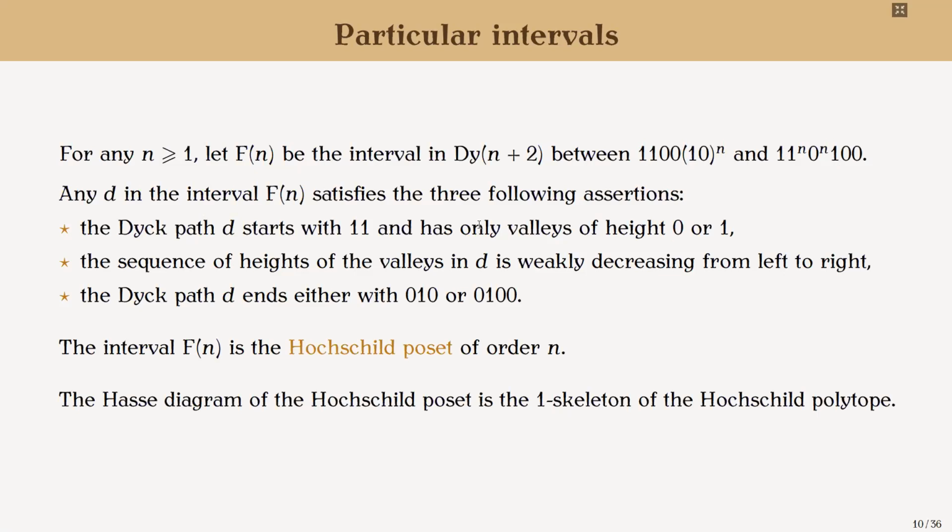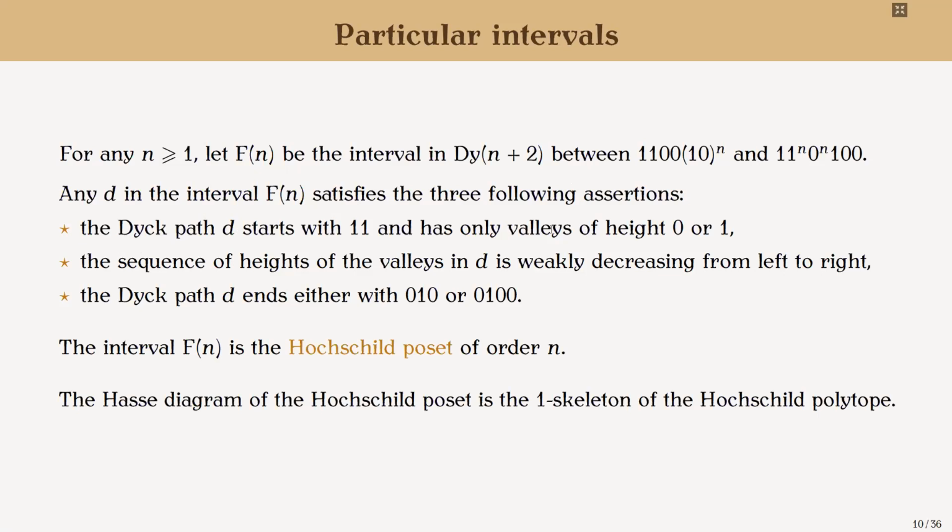So the Dyck paths of this interval satisfy several properties. The first one is that all the Dyck paths in this interval have to start with 1, 1. We cannot have something else for this interval, and they have only valleys of height 0 or 1.